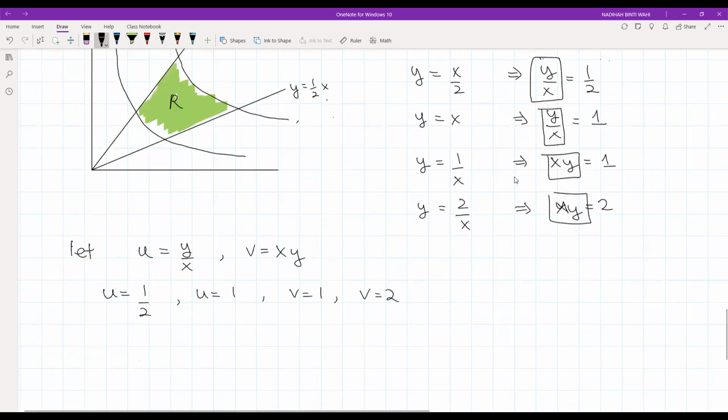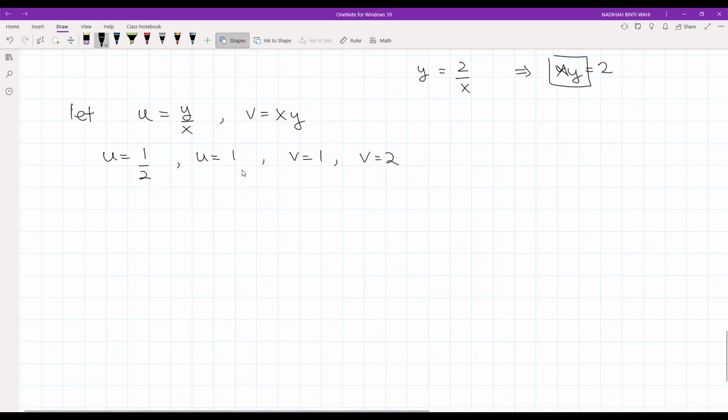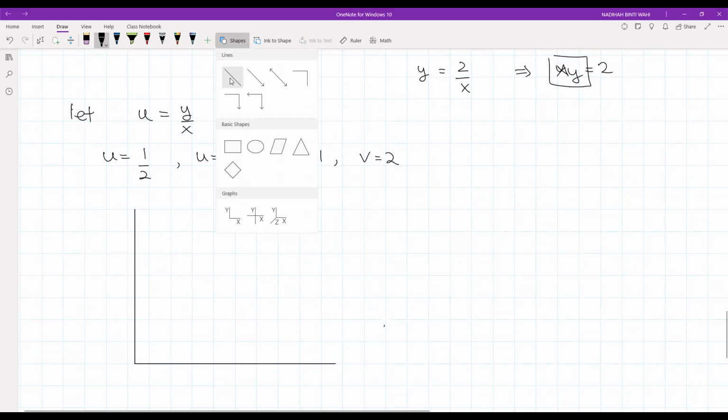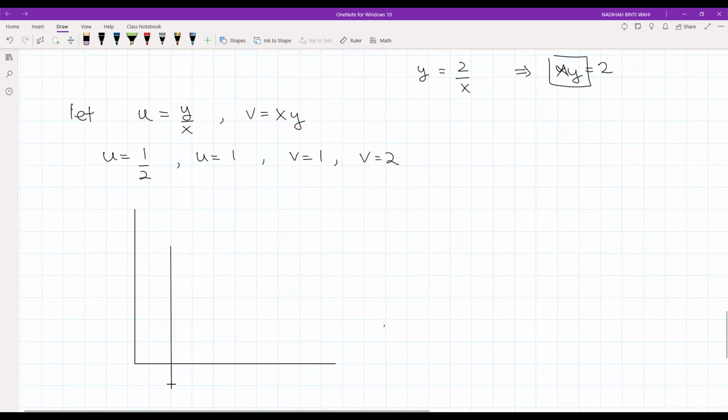Now if I put it into the new transformed coordinates, I will have u equals 1/2, maybe this line, and then u equals 1, this line, because this is the u axis and this is the v axis.